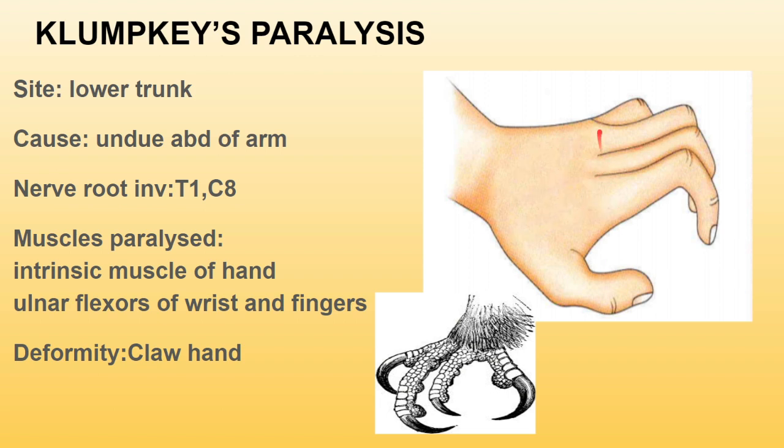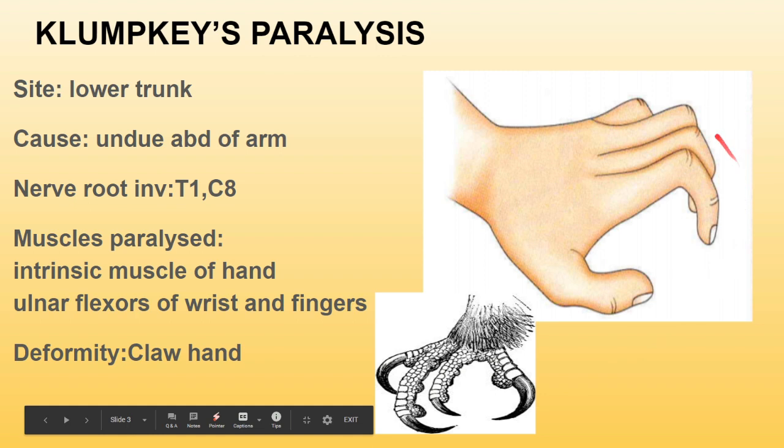So the metacarpophalangeal joint has hyperextension, as you can see, and there is hyperflexion, or flexion, of the interphalangeal joint. So hyperextension of the metacarpophalangeal joint and hyperflexion of the interphalangeal joint occur in Klumpke's paralysis, as in claw hand, and the human hand looks like the claws of birds.